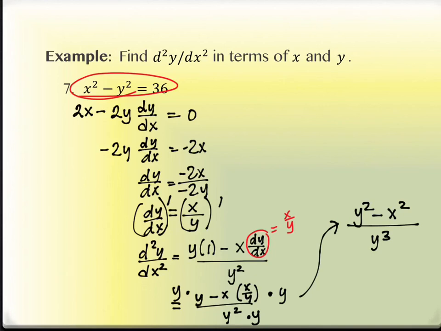But getting rid of the y squared minus x squared, we'll deal with that, okay? But this one actually is a very nice form where I know what x squared minus y squared is. It's 36, which means y squared minus x squared is negative 36. So this one does clean up into negative 36 over y cubed, interestingly enough. And that's d2y dx2.